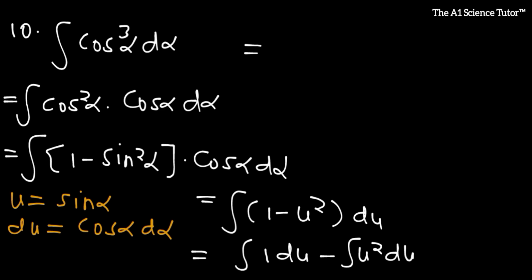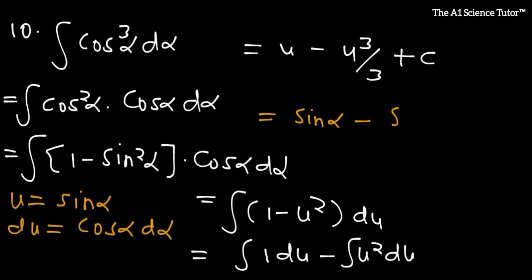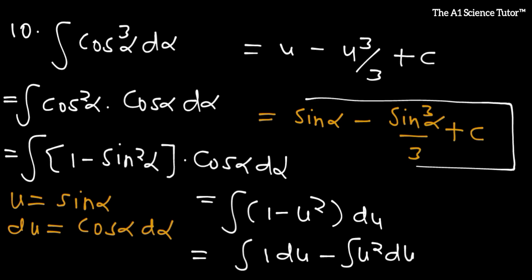So this is going to give us u minus u to the 3rd over 3 plus c. So since we know u is sine alpha, we just need to change that final layer to the final answer. Here we're going to have sine alpha minus sine to the 3rd alpha divided by 3 plus c. So that is the final answer to the question.